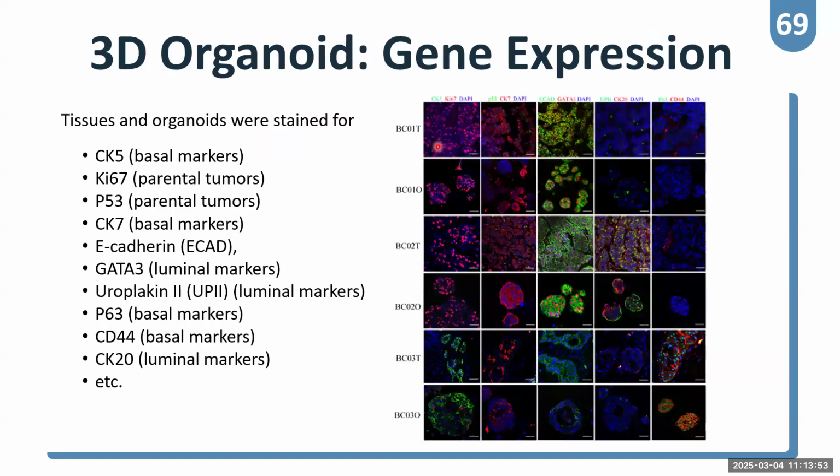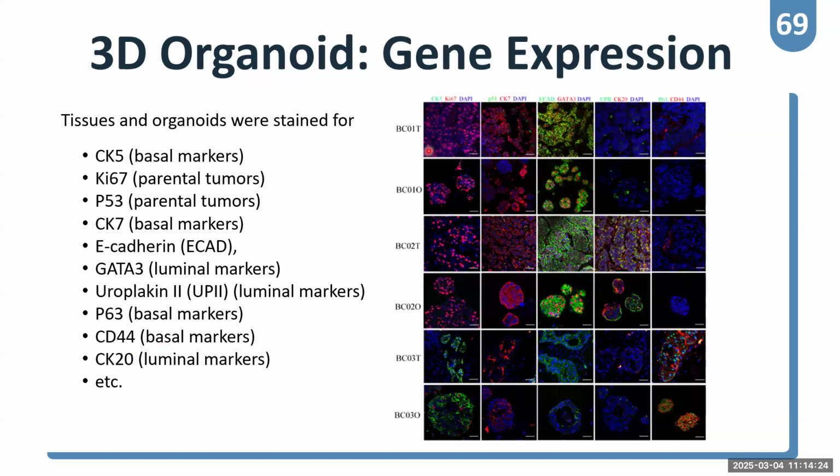And you can also apply organoids to the study of gene expression. You can select the markers you want in different patients. For example, the basal marker cytokeratin is a basic epithelial cell marker. You can apply other markers you want, for example CD24 and CD44, which are markers for stem cells.